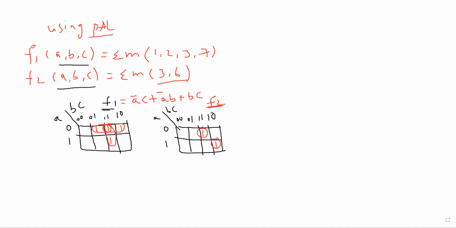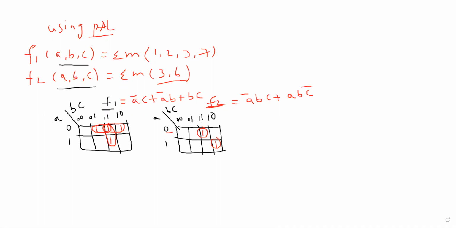Now the Boolean expression, f2 becomes a complement into bc, plus a into b into c complement. Now these are the Boolean expressions.